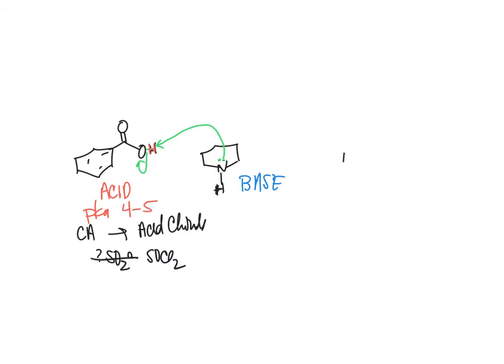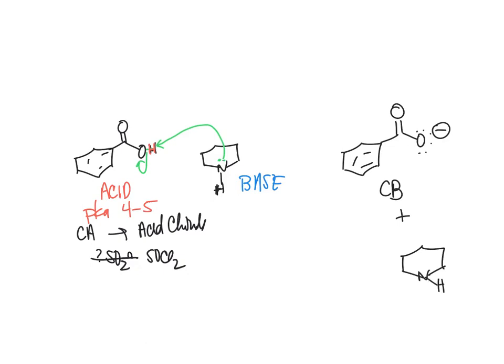And then I wanted to see that you could draw your products. This is a conjugate base, and then this is your conjugate acid. So this gets a plus, and you have to assign a pKa to your conjugate acid, and this is 11.